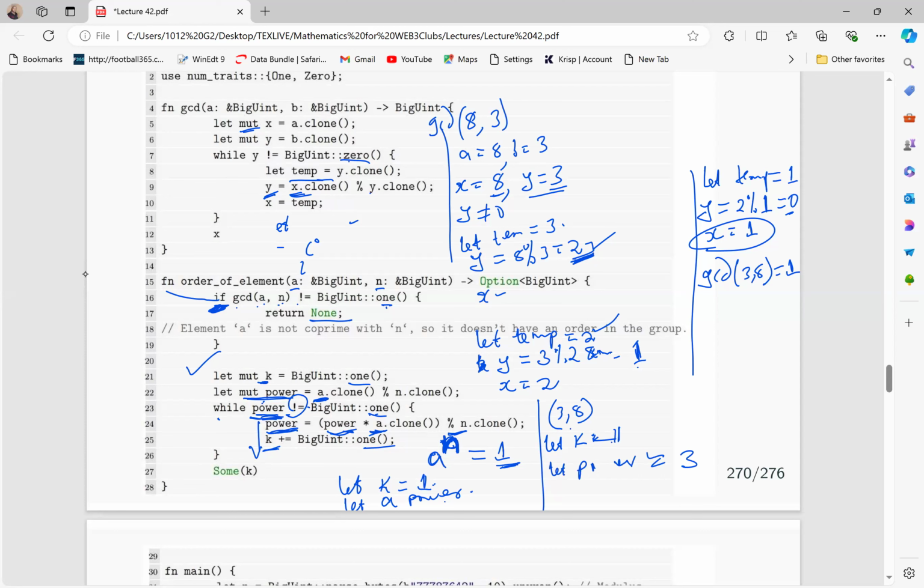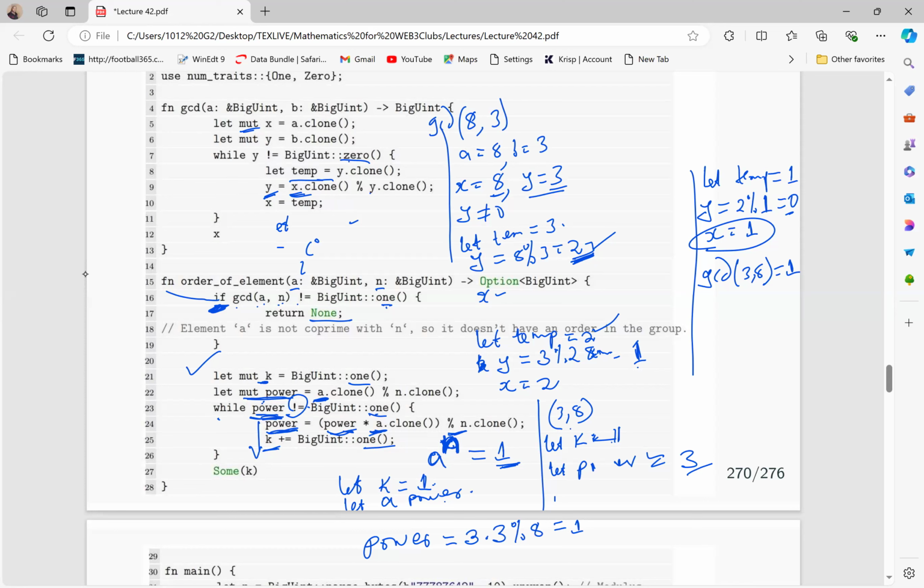The new power becomes the power, which is 3, times A, which is again 3. This result is divided by 8, and what we are interested in is the remainder.